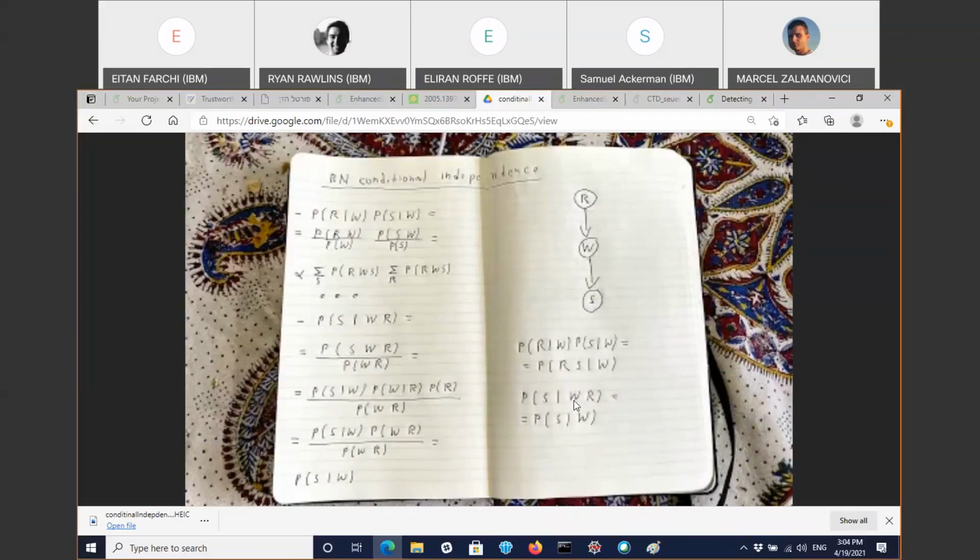And here is another way to say it. The conditional probability of falling, given that the floor is wet and it's raining, well, you can drop the raining, it doesn't matter. So it's equal to this. Okay?